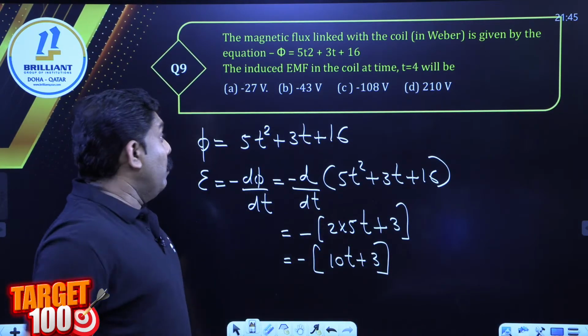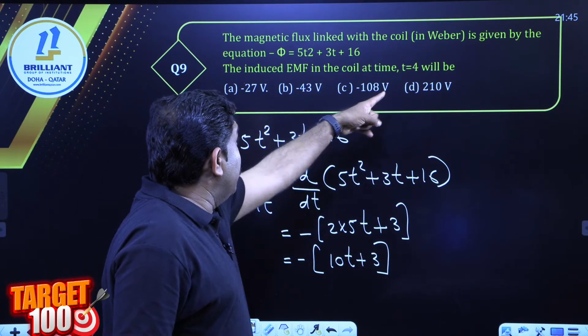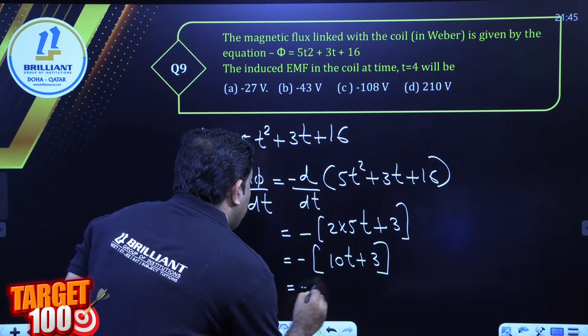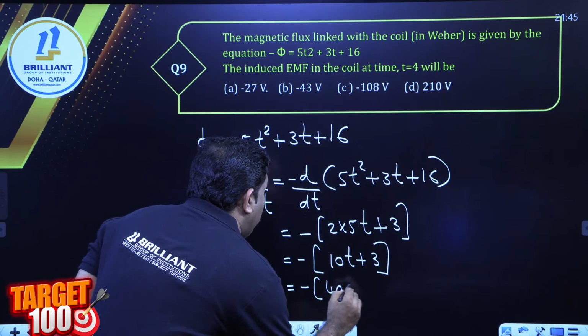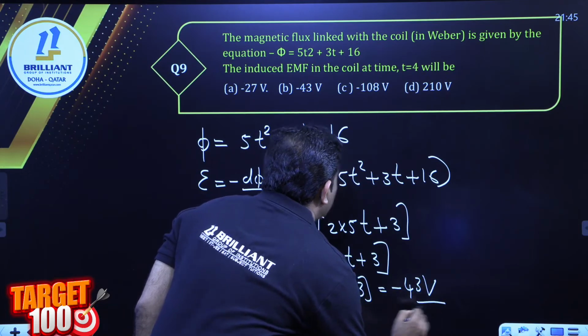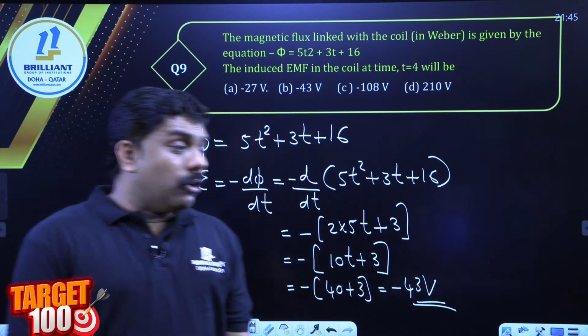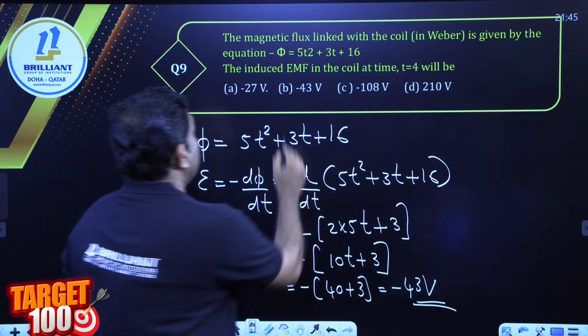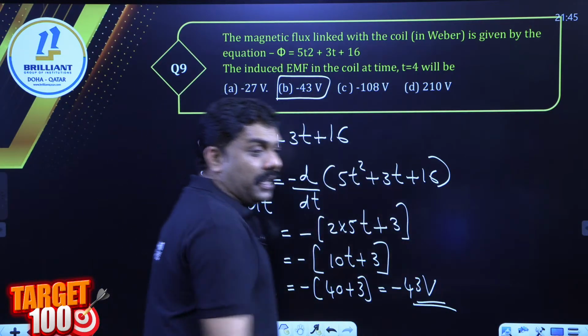Here t is given as 4, so it is minus 40 plus 3. So the right answer is minus 43 volt.